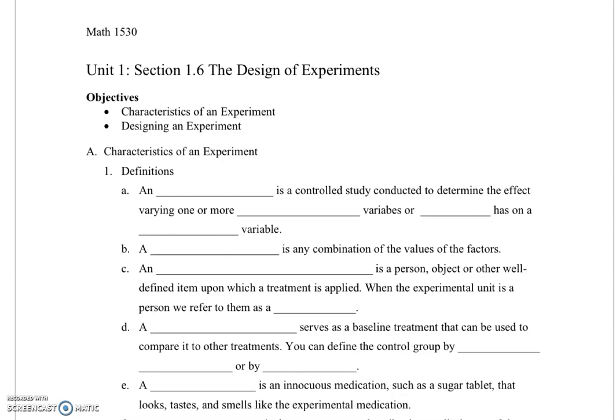This is section 1.6. We're going to start talking about how we design experiments. So first we'll talk about the characteristics of an experiment, and then we'll talk a little bit about how we design one.